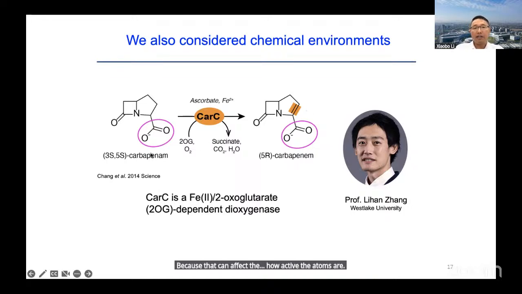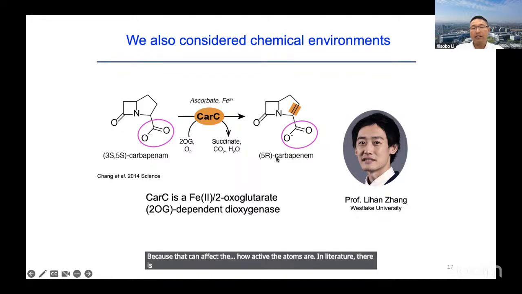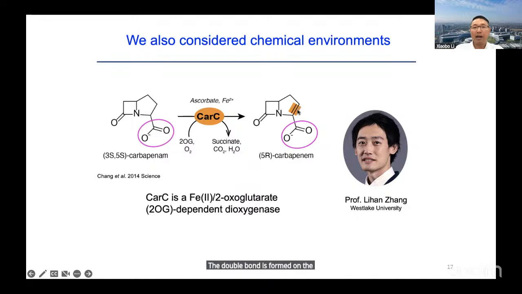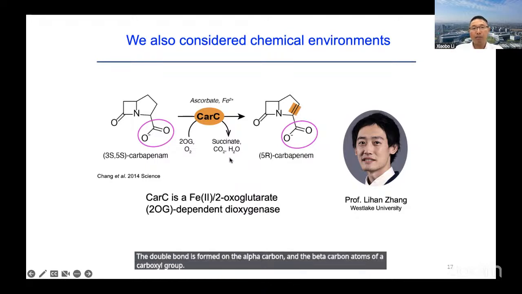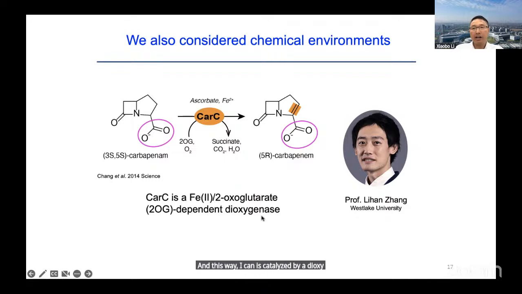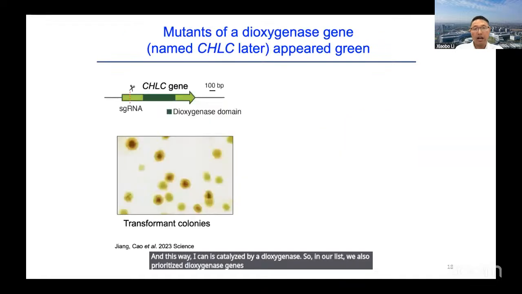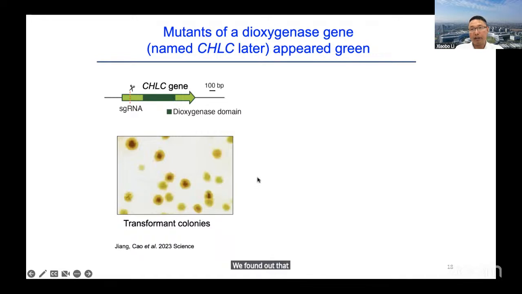In literature, there is an antibiotic synthesis. In this reaction, it's highly similar to the reaction in chlorophyll C. In both cases, the double bond is formed on the alpha carbon and beta carbon atoms of a carboxyl group. And this reaction is catalyzed by a dioxygenase. So in our list, we also prioritized dioxygenase genes. And after knocking all of them out, we found that for one of the genes, we immediately saw transformed clones with different colors.